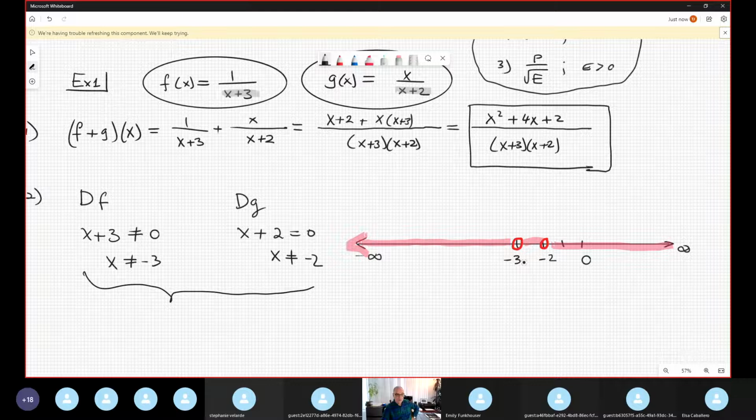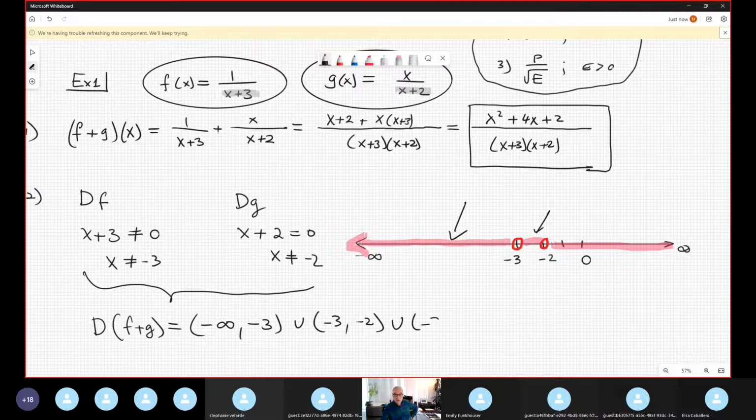Well, the domain of the function f plus g, as I always ask you, in interval notation is from negative infinity, comma -3, by the way this is this piece, union from -3, comma -2, that is that piece, union -2, comma infinity. Three pieces we have in the domain. And this is the final answer.